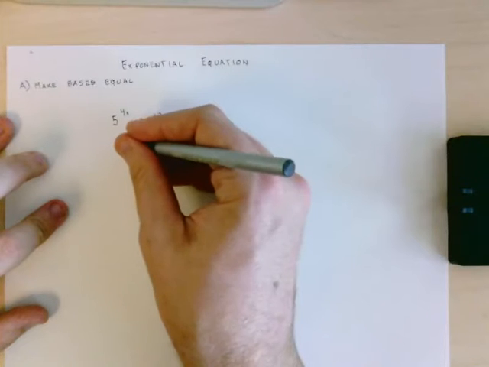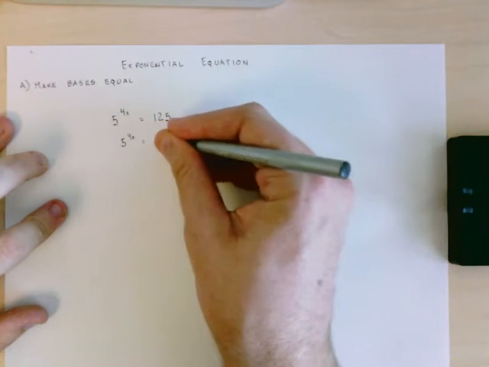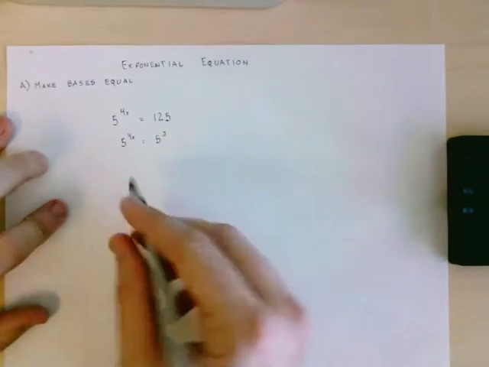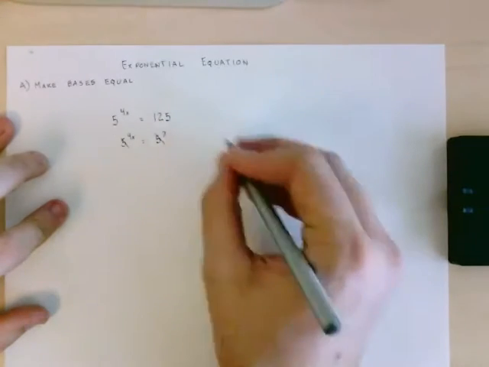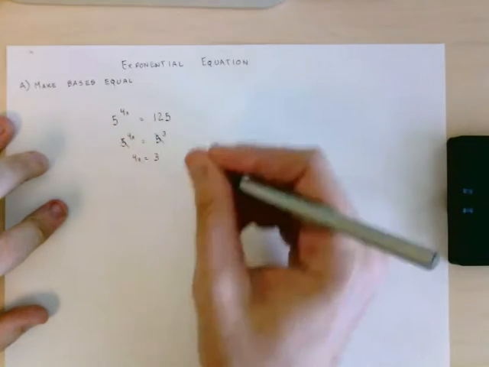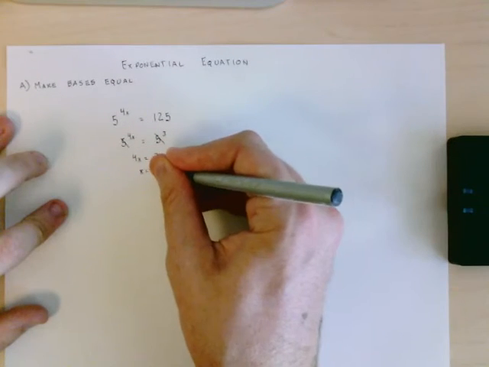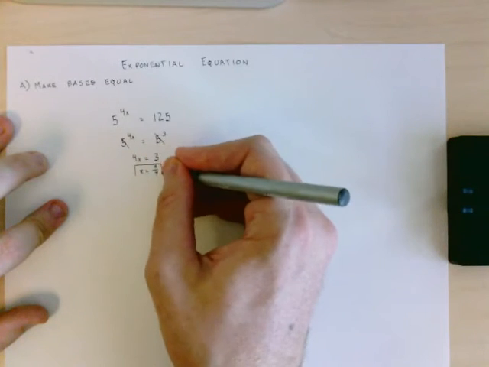So I can make this 5 to the 4x equals 5 to the 3. And then now that I have my bases the same, I can just throw out the bases and just solve the exponents. 4x equals 3, x equals 3 over 4. Right there. So that is plan A.